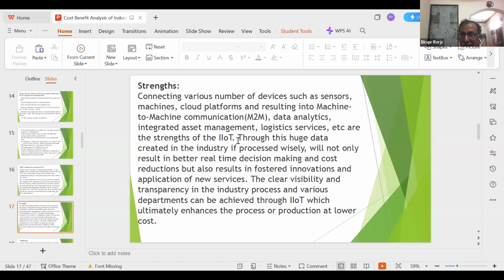The huge data created in the industry, if processed wisely, will not only result in better real-time decision making and cost reductions, but also in fostered innovations and application of new services. The clear visibility and transparency in the industry process and various departments can be achieved through industrial IoT, which ultimately enhances the process or production at lower cost.